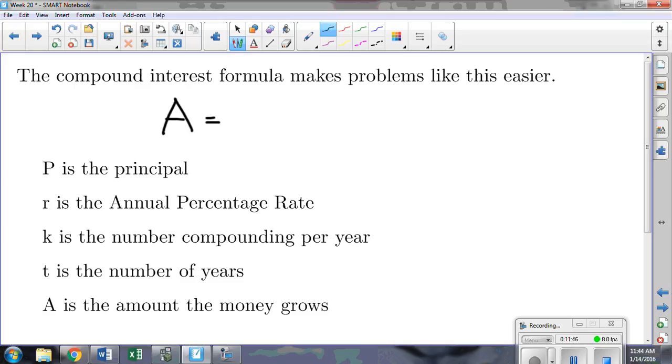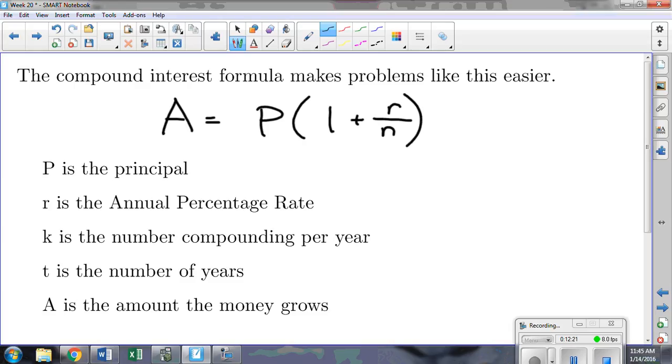The compound interest formula, though, the amount the money grows is based on the principal multiplied by 1 plus the interest rate. 1 represents the original 100% of your investment. The interest rate for the year is split up amongst the number of times or the number of compoundings that you have each year.